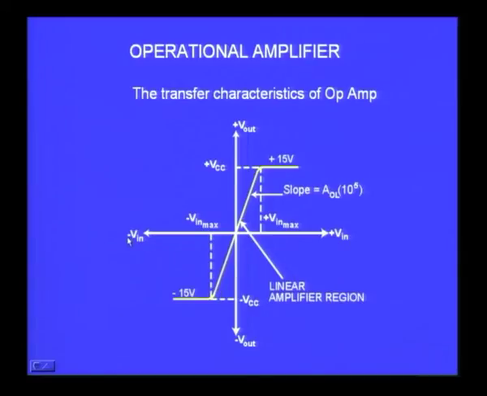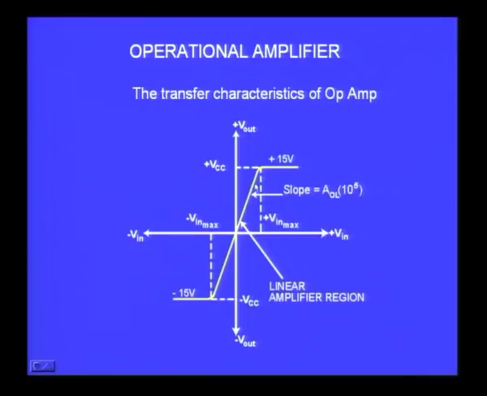So what is happening? If I give different negative voltages at the input, the output will become minus VCC, minus 15 volts, for all the negative voltages beyond some threshold. Similarly on the plus side, beyond a certain threshold, whatever positive voltage I give will result in plus VCC, 15 volts.